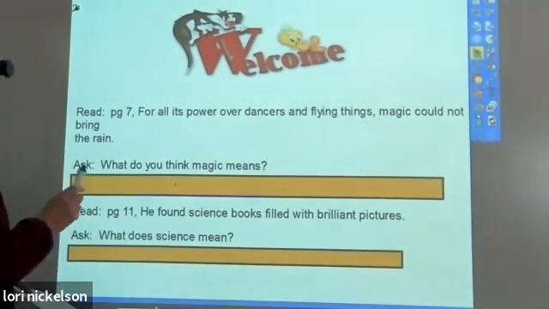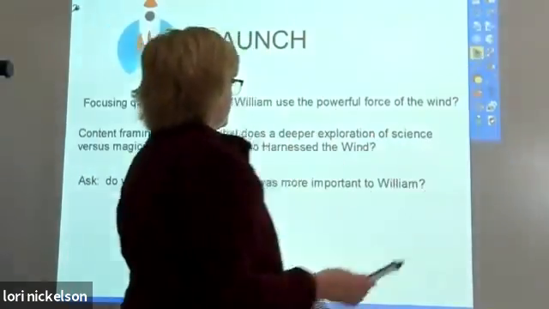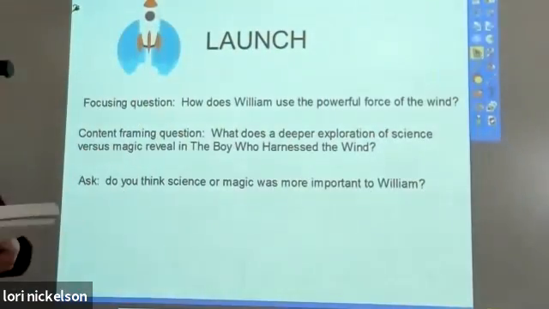So science versus magic. Our focus question, how does William use the powerful force of the wind? Our content framing question, what does a deeper exploration of science versus magic reveal in The Boy Who Harnessed the Wind? And do you think science or magic was more important to William?